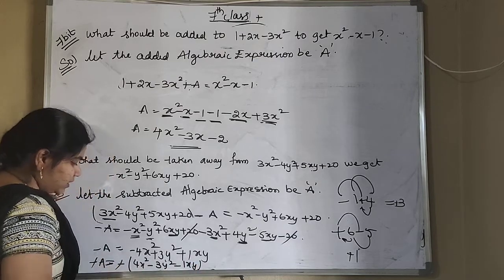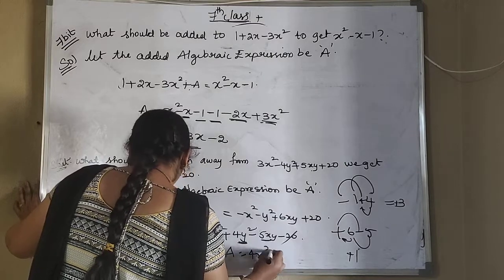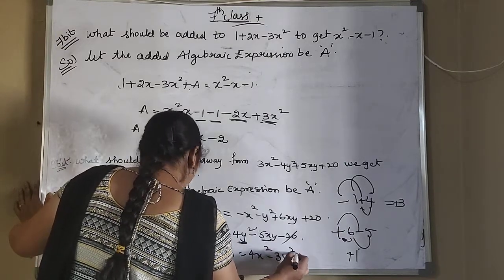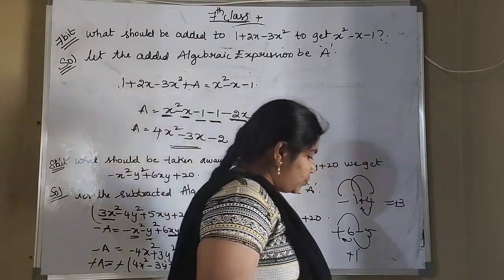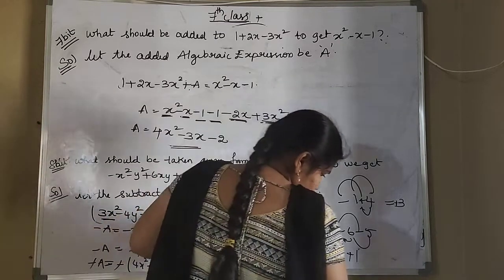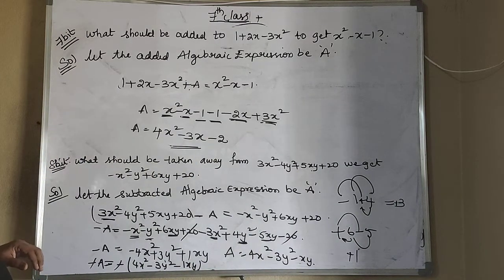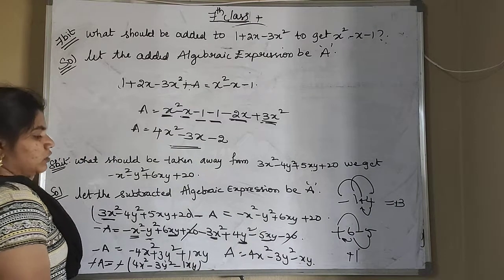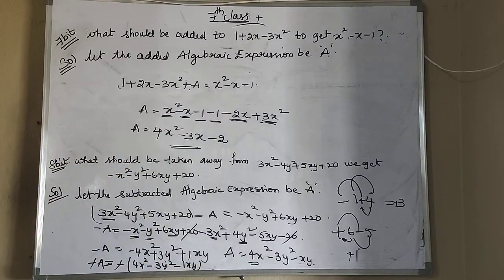So minus minus will get cancelled. So what is the A value here? 4x square minus 3y square minus xy. So this is our expression. Okay. So what is our expression? 4x square minus 3y square minus xy is our expression.